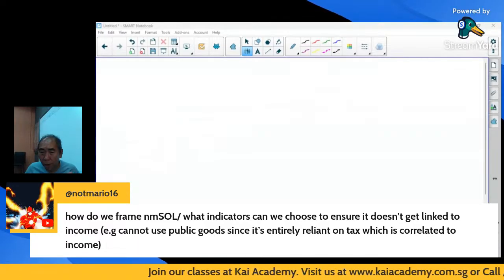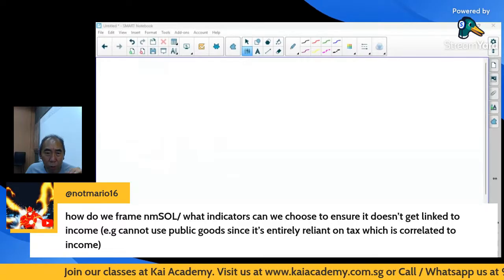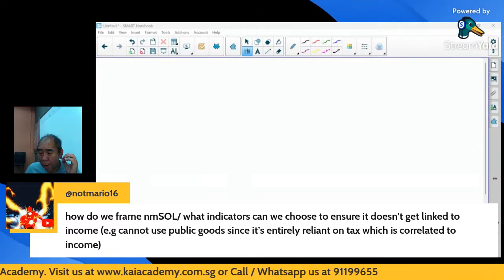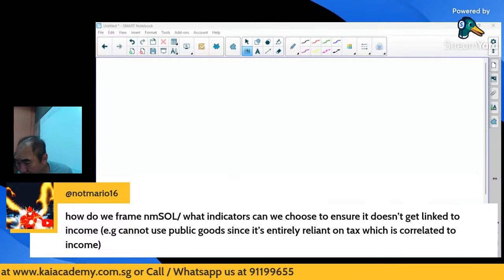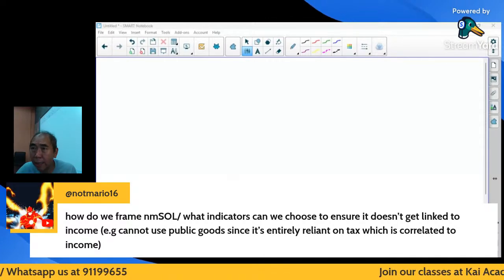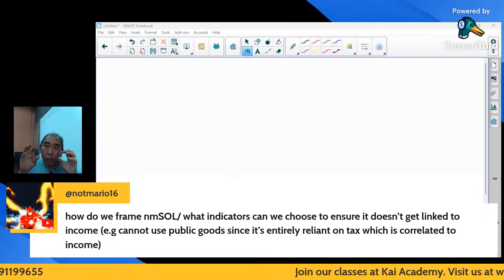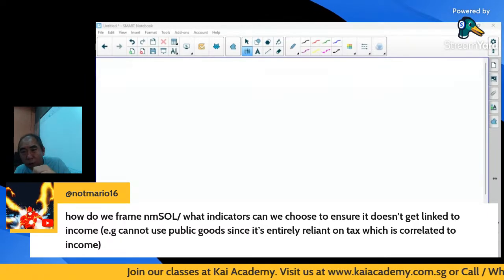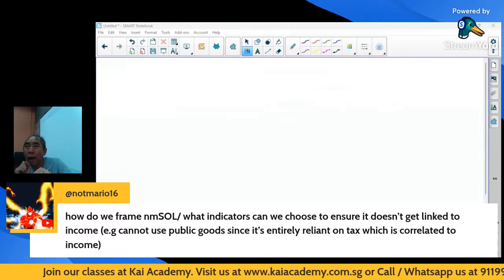Now, to answer your first question, what indicators can we choose to measure? You can choose any indicator that is measuring either the outcome variables or the enabling factors.